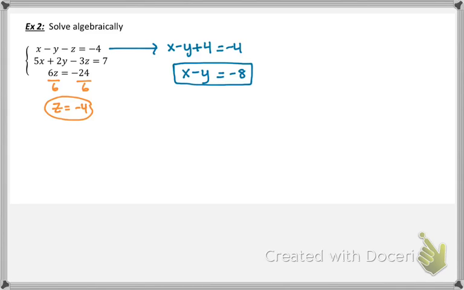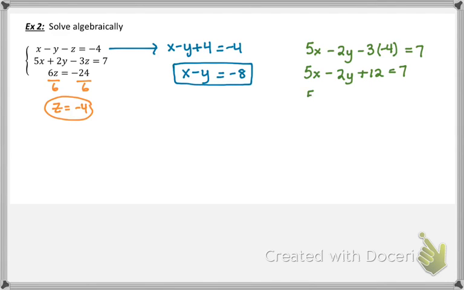And then I'm going to do the same thing to my second equation. I'm going to rewrite it. So 5x minus 2y minus 3, instead of z, we're going to put a negative 4, equals 7. Simplify, 5x minus 2y plus 12 equals 7.